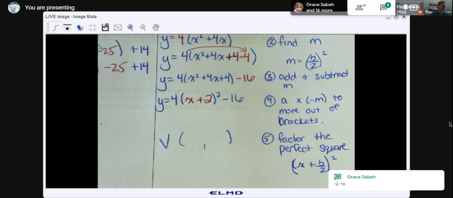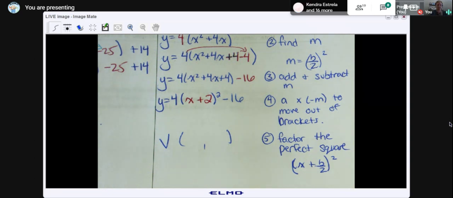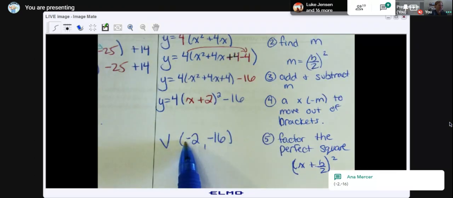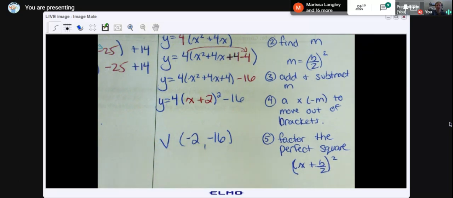Good, Grace. So negative 2, yeah, good, Anna. We take this h, but remember we have to switch the sign of h when we pull it out. So negative 2 and negative 16. And we have completed the square. Huzzah!